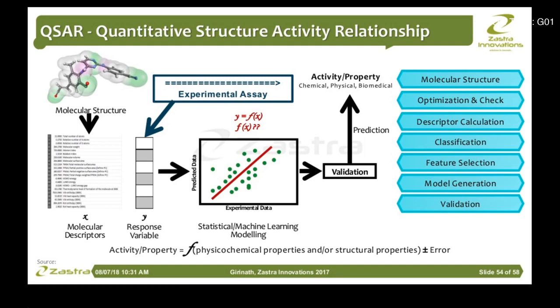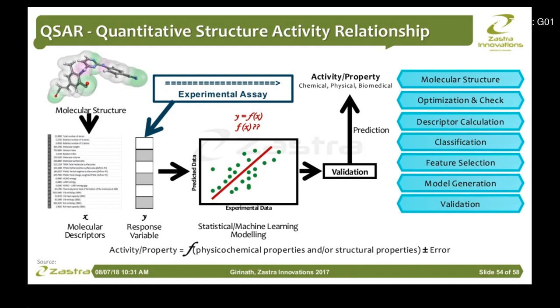Biological data could be a bioassay, or some biological property or even activity. It can be chemical, physical, or biomedical. I didn't mean it to be only biological. For chemists, physicists, or even material science it could be done. But since we are doing a structure-based quantitative activity relationship, we call it QSAR.